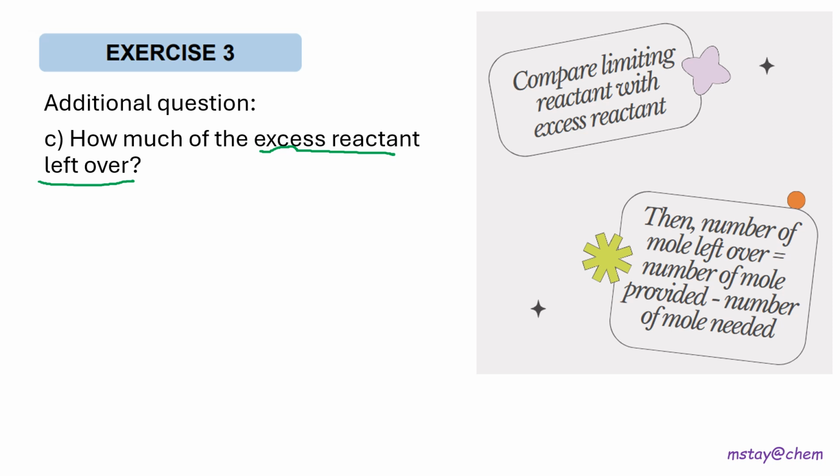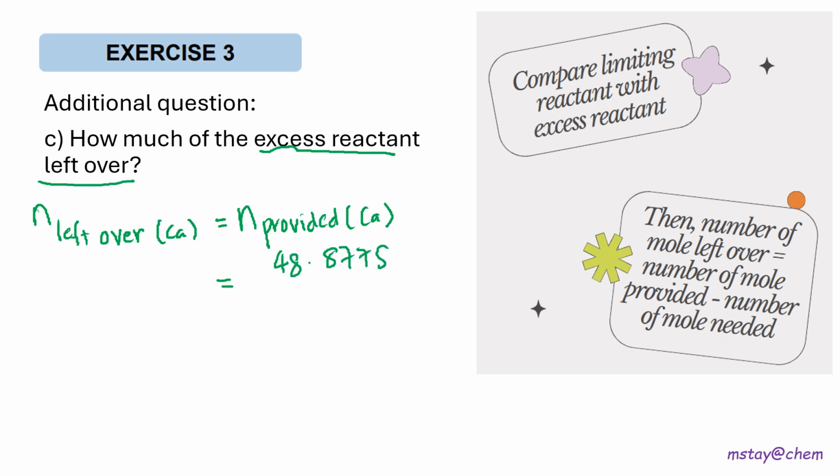As we understand, calcium is the excess reactant, so the mole of calcium left over is equal to the mole provided of calcium, which we calculated in step 1, 48.8778 mole, minus the mole of calcium needed, which we got in step 2, 42.3540 mole.